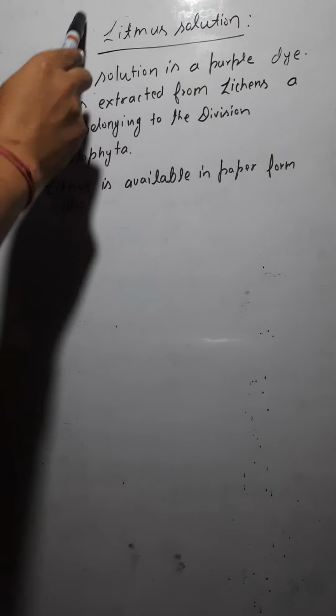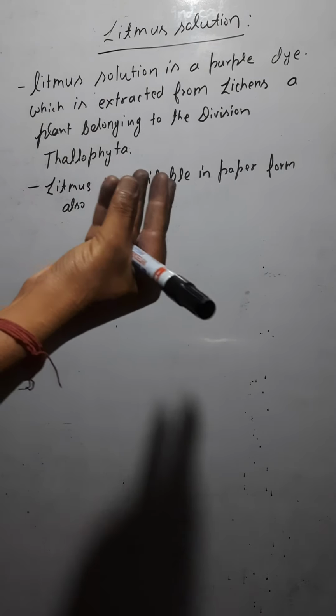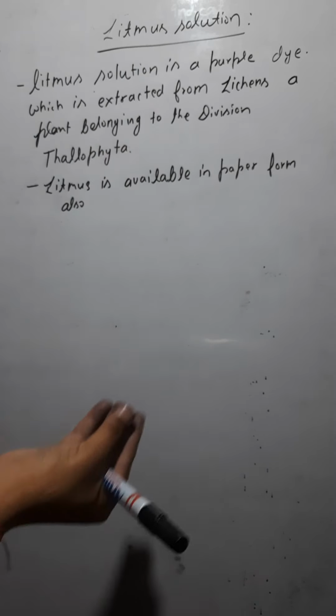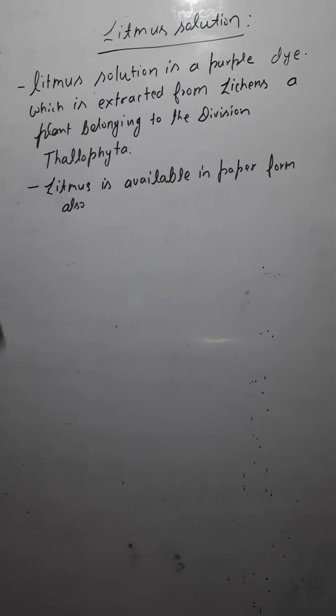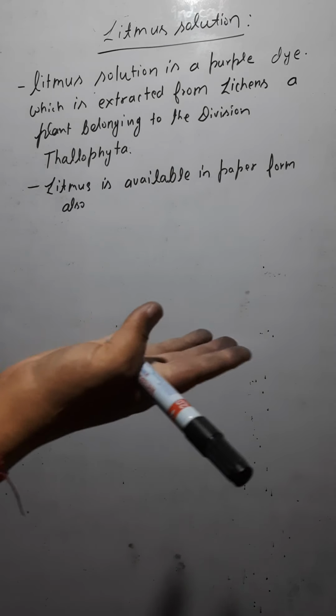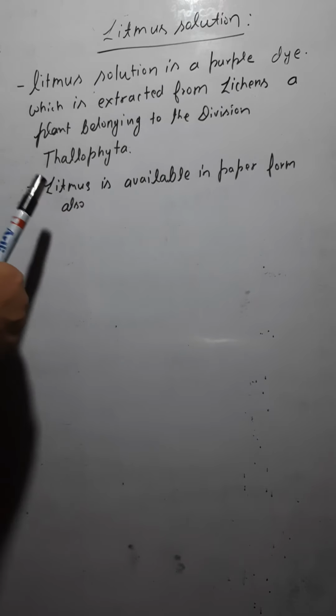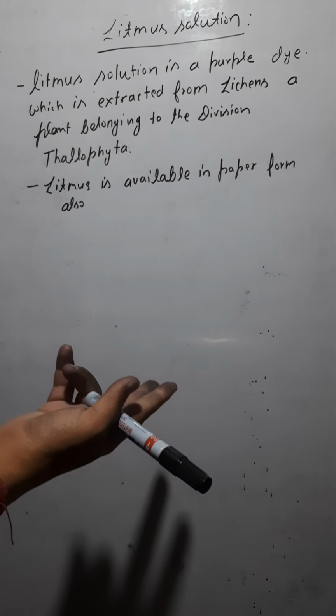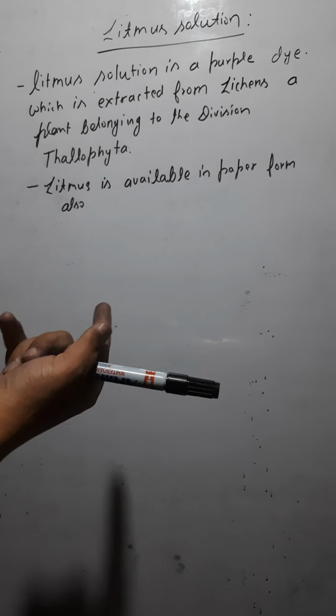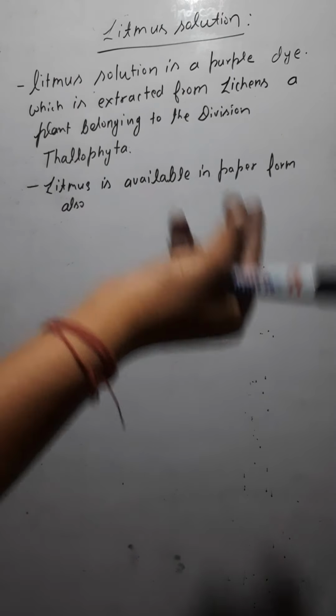Okay, now we have the litmus solution, in liquid form, in the form of dye. At the same time we have the litmus in paper form also. You have litmus paper in the market. So litmus is available in two forms, red litmus paper and the blue litmus paper.